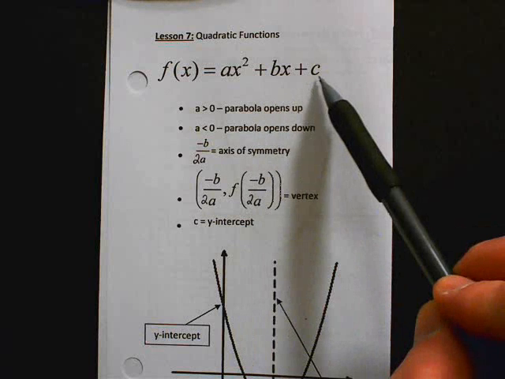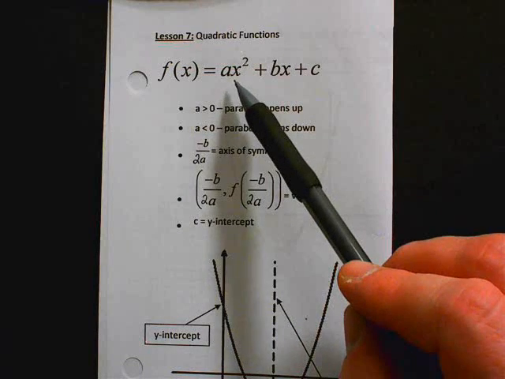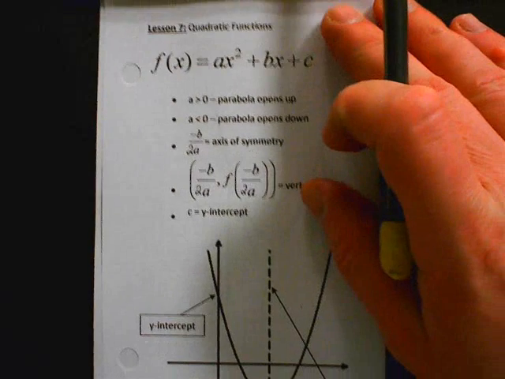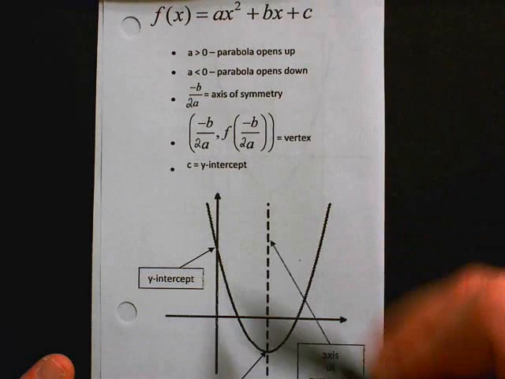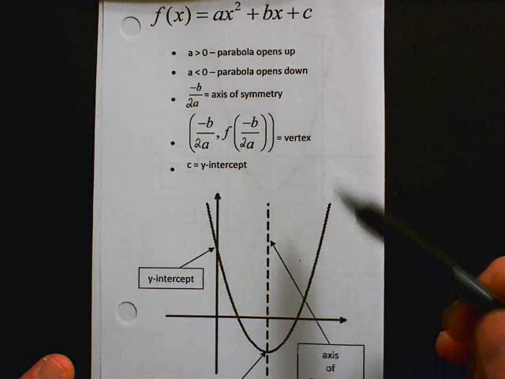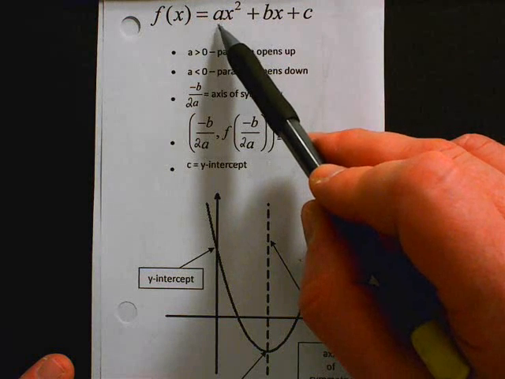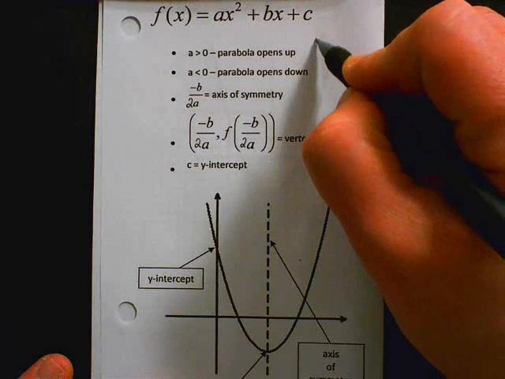Now, one of the properties of a quadratic function is that the graph looks like a parabola. If this number right here is greater than 0, then you're going to have what I like to call a smiley face.